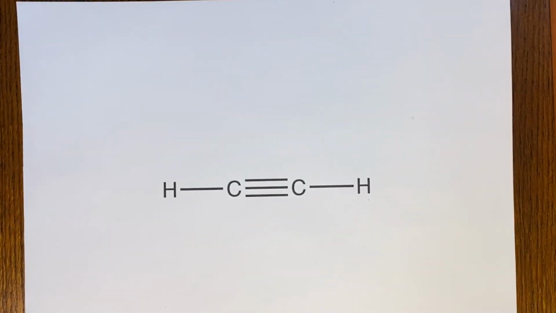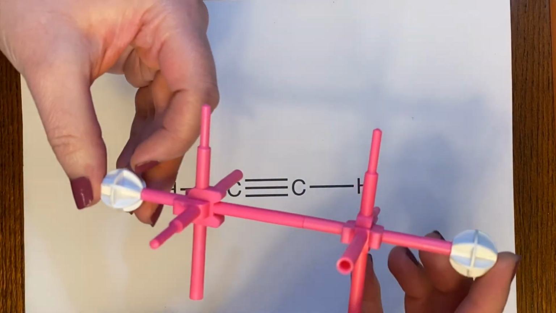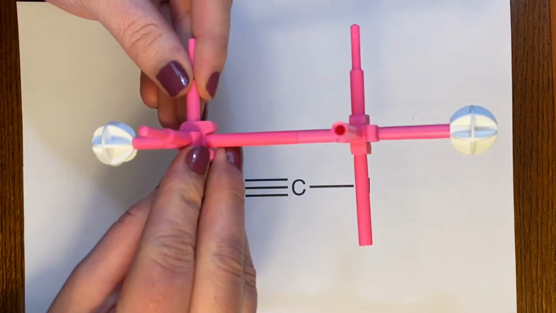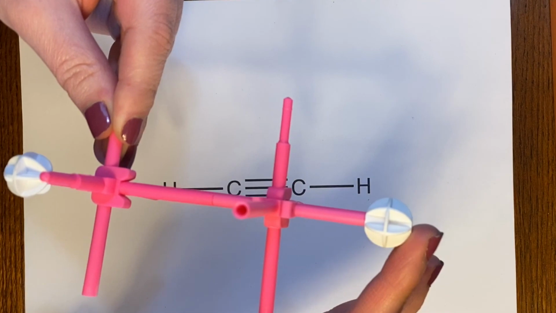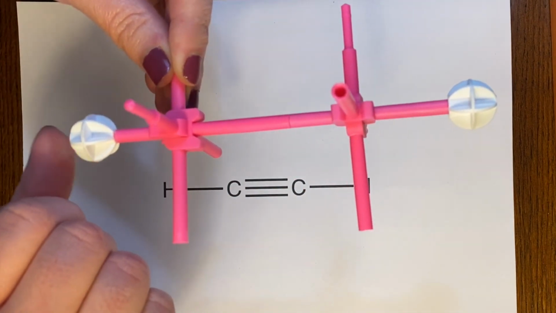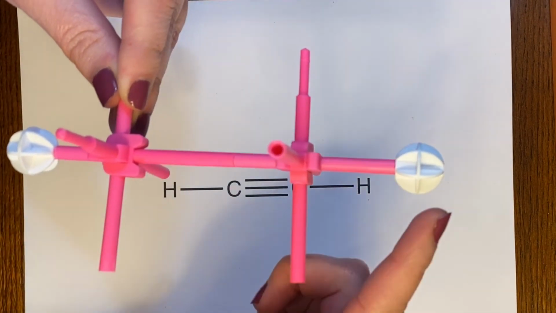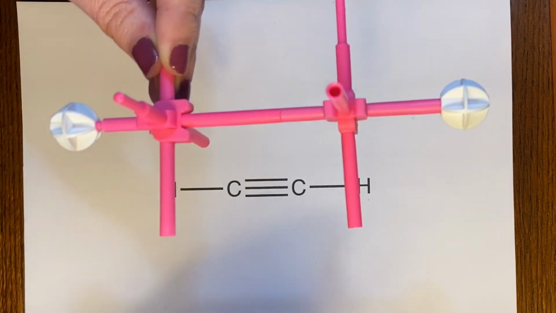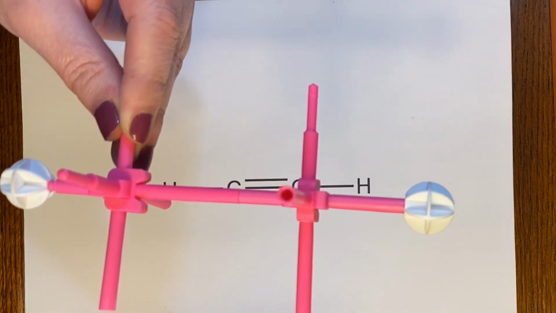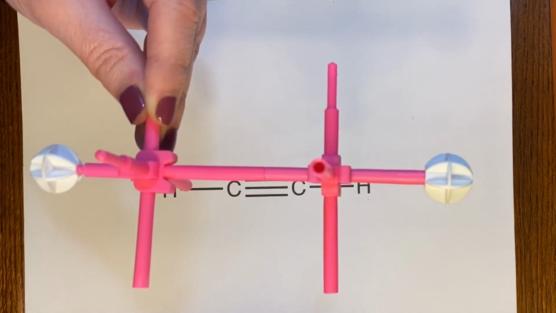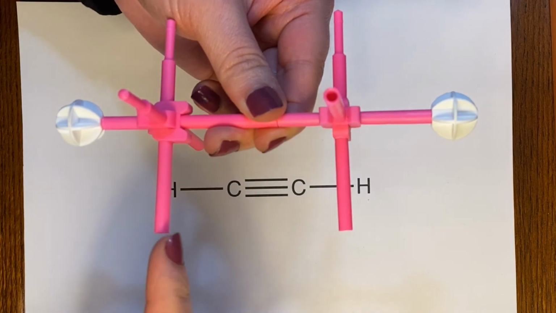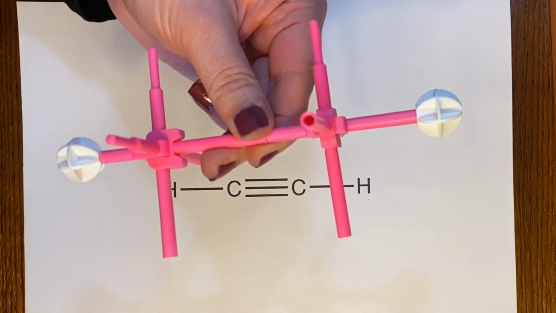So my model for acetylene looks like this. Here is my carbon, my hydrogen, and my hydrogen. So my hydrogen, carbon, carbon, hydrogen bonding pattern. And then we have our parallel unhybridized p orbitals that are going to allow me to make the pi bonds. So I have one set of parallel unhybridized p orbitals right here.